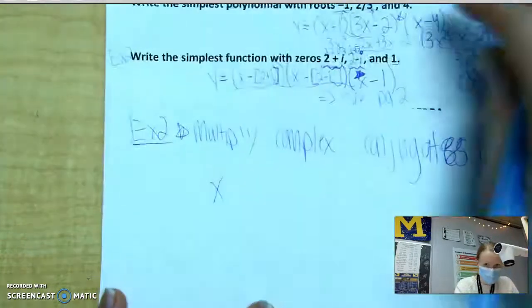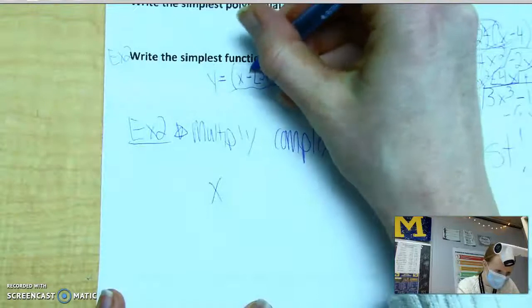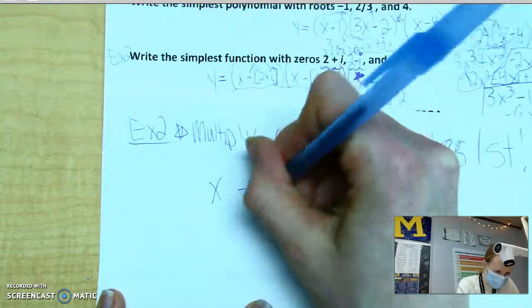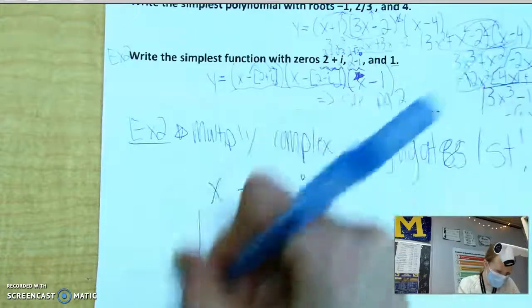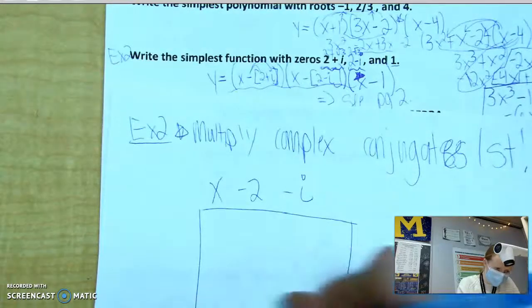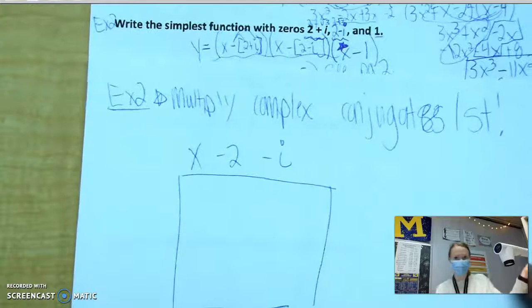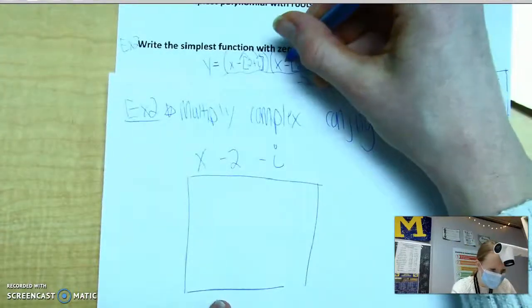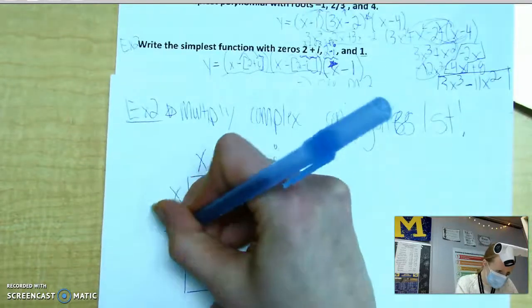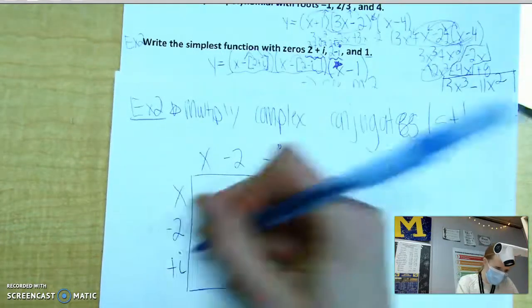And then if I were to distribute this minus sign, I have x minus 2 minus i. And then this next side, if I were to distribute the negative, let me zoom out a little bit. If I were to distribute the negative here, I'd get x minus 2 and then a plus i.